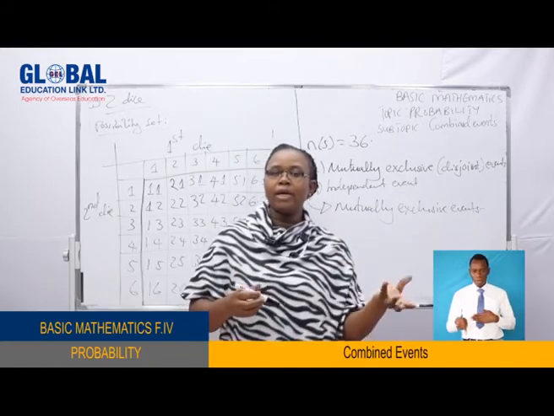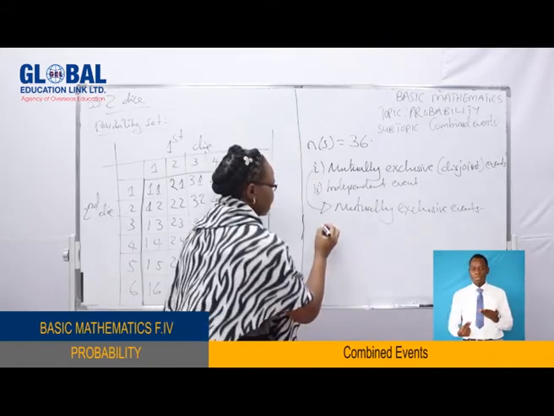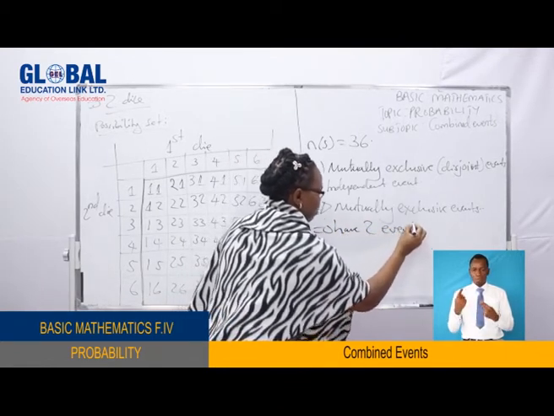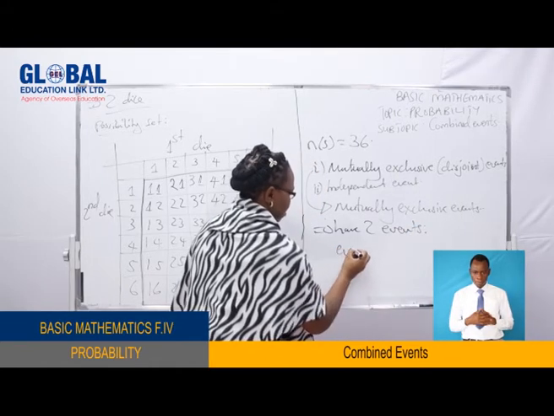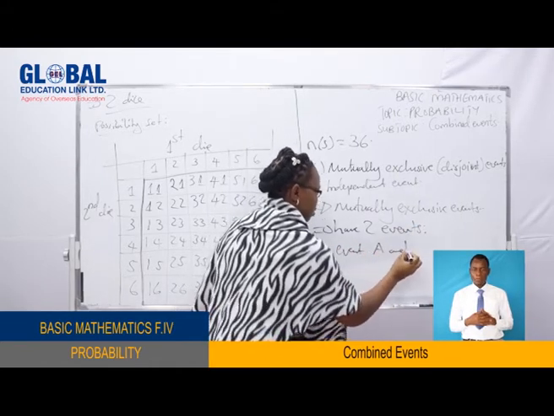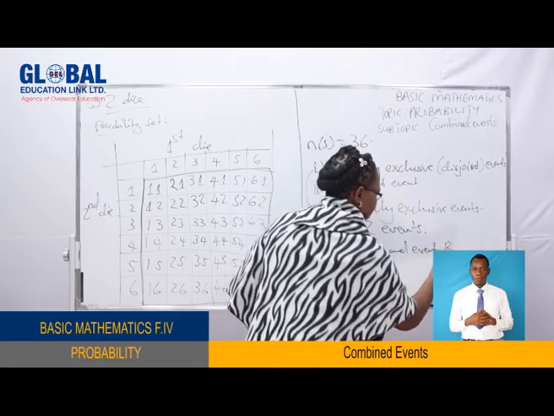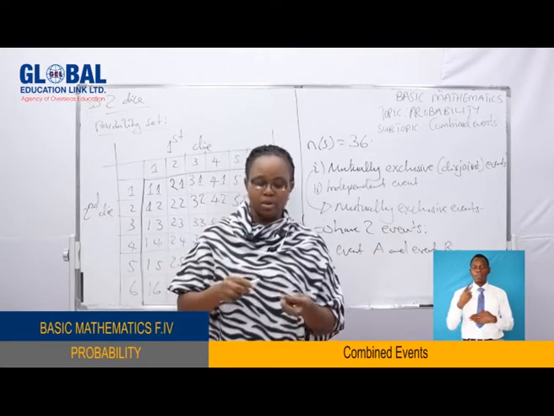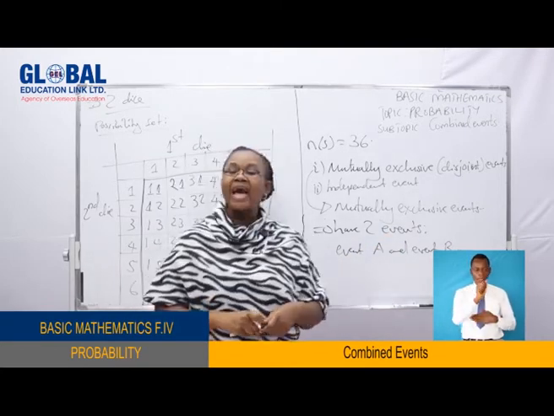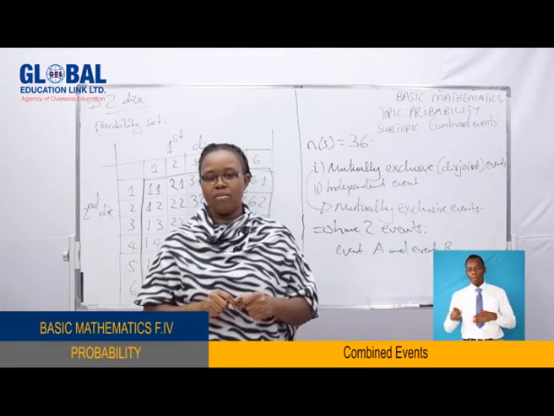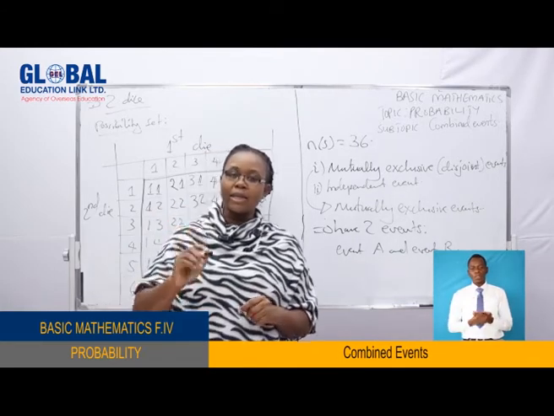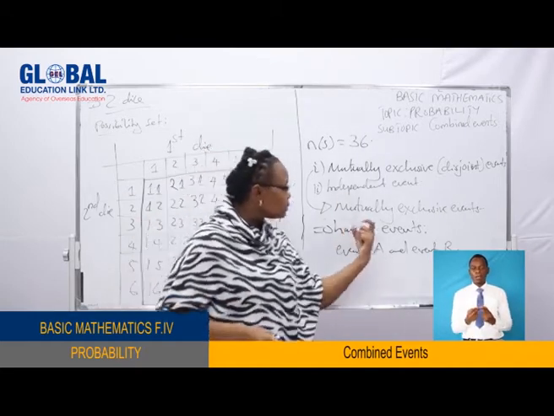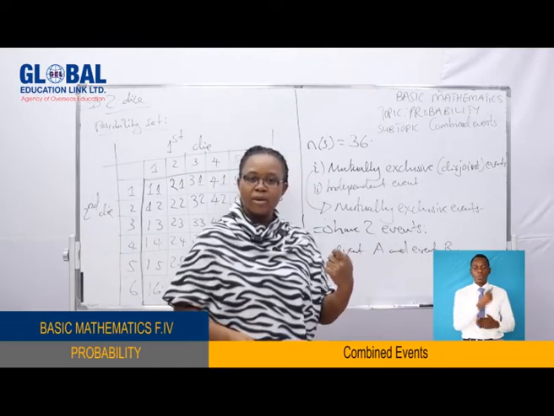Let's say event A and event B. You have two events, event A and event B, but they cannot occur at the same time. That is, event A cannot occur at the same time as event B.